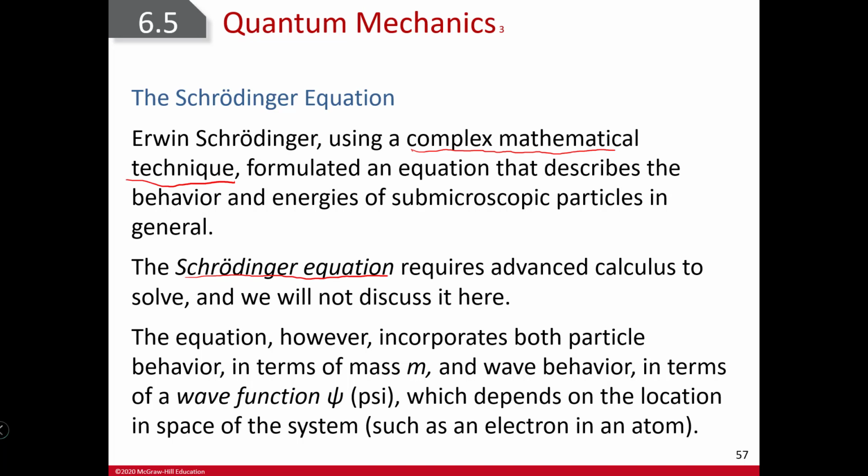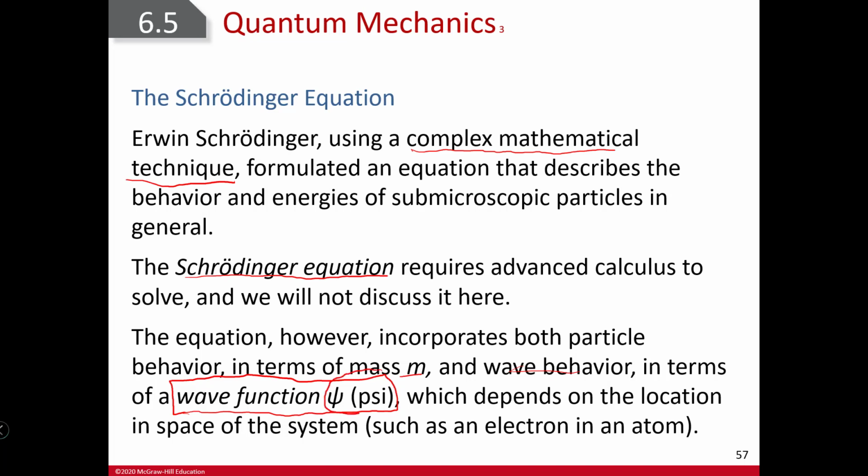But know that these equations incorporate the particle behavior, the mass, the wave behavior in terms of a wave function. This is what I want you to know, wave function. This is a mathematical equation to describe the behavior of the electron, wave function. And you probably should know this symbol here, psi.